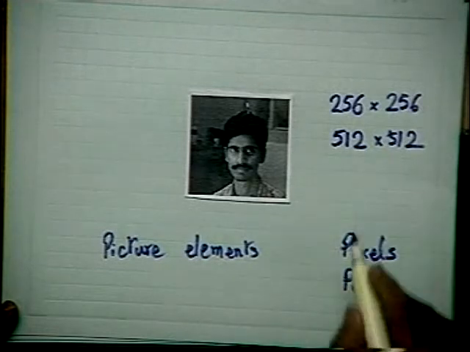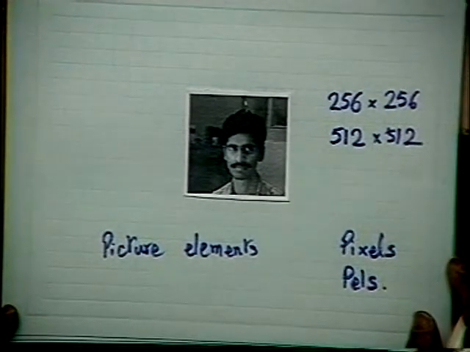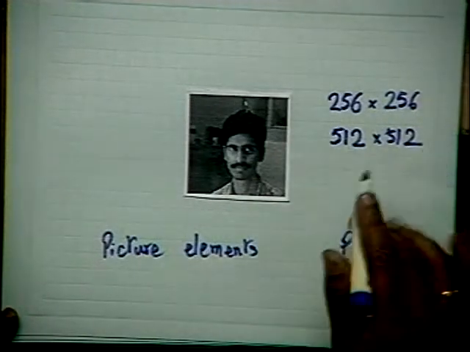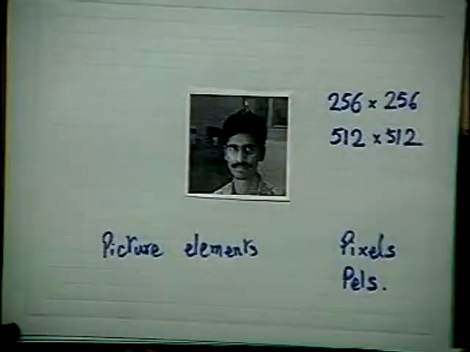With a picture of size 512 by 512, every picture element will be a very small element, and you can represent the intensity value in that particular small area.